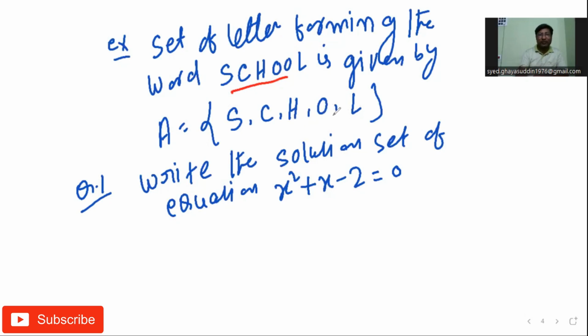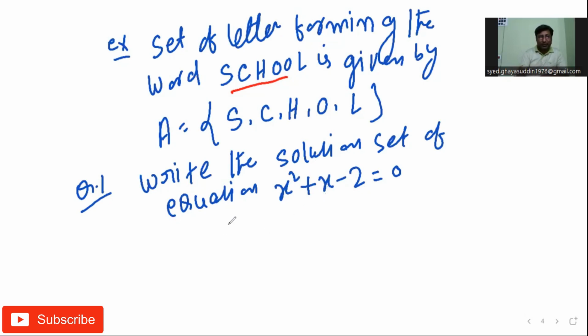So {s, c, h, o, l}. Second one: write the solution set of the equation x squared plus x minus 2 equals 0. Okay, so just find the solution of this quadratic equation. You know well how to solve this quadratic equation.